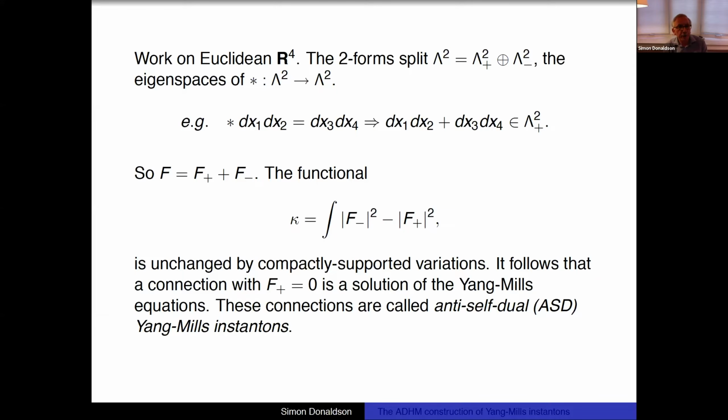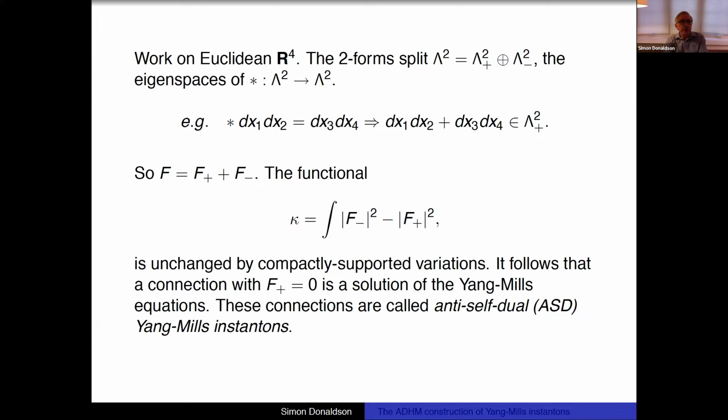On the other hand, if you take the difference of the norms of those things, then you find that this functional is, in a sense, trivial with respect to compactly supported variations. If you take a compactly supported variation in your data, then you can write the variation of the integrand as the derivative of something, and so the integral is 0.